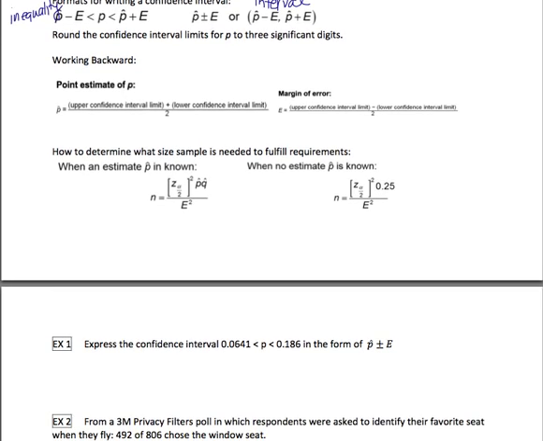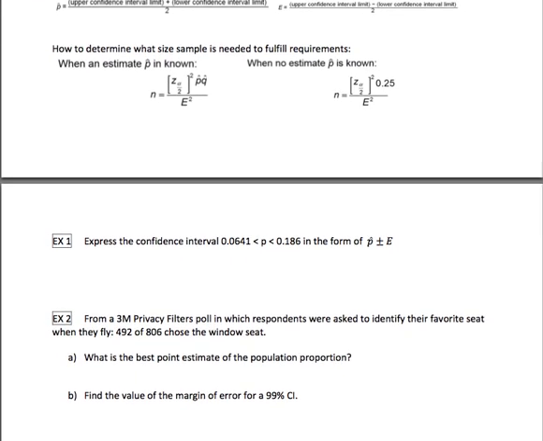The last set of formulas here is when we know, or sometimes don't know, our estimate for p hat, and we're trying to figure out the sample size. A situation for this might be where we want to figure out how many people or items we need to test in order to have accurate results to the level of confidence that we want.